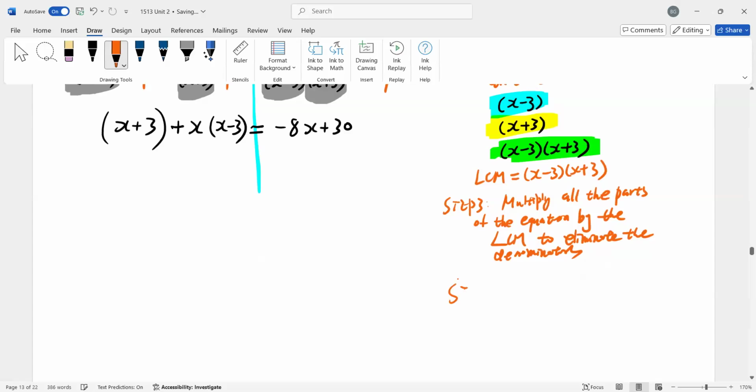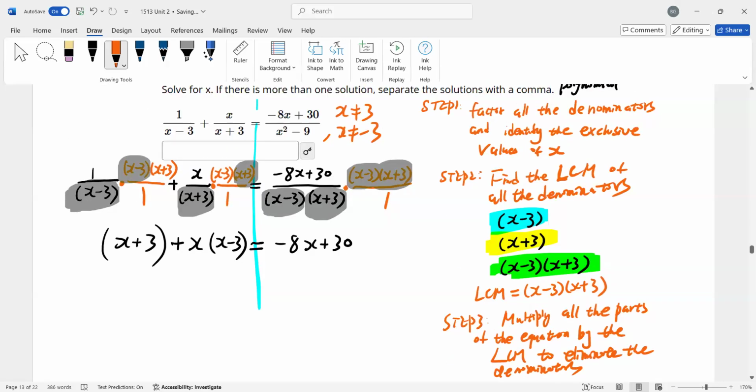And step 4. After you eliminate all the denominators, solve the resulting equation. Solve this equation we just got.